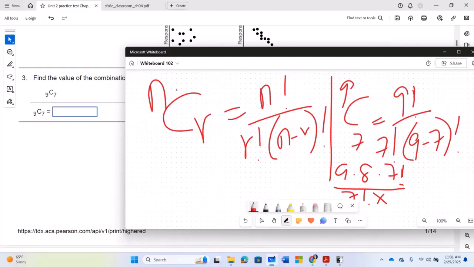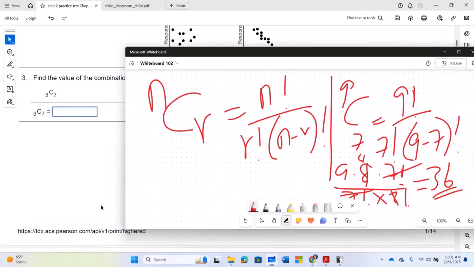That is multiplied by 9 minus 7, which is 2 factorial. I can cancel common terms: 7 factorial cancels 7 factorial, and 2 divides 8 to give 4. So 9 times 4 is 36. So 9 combination 7 is 36 by hand.